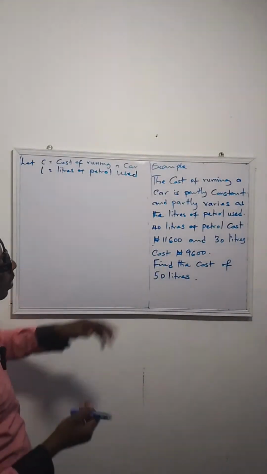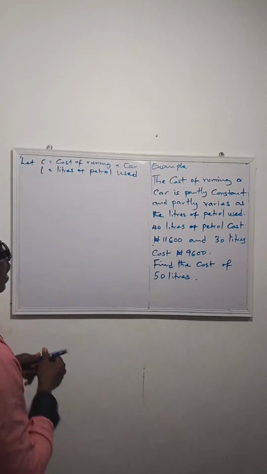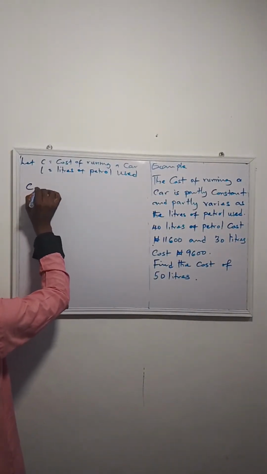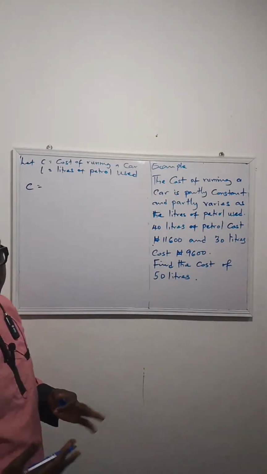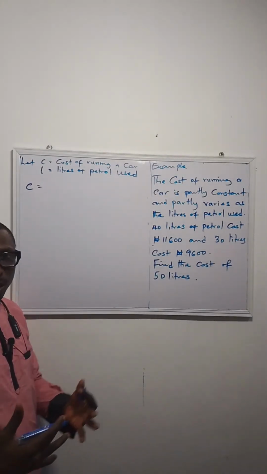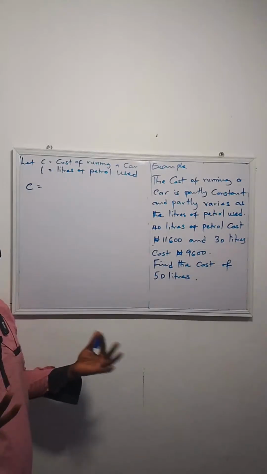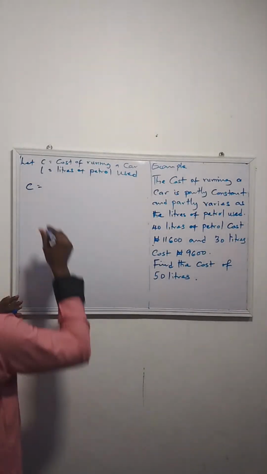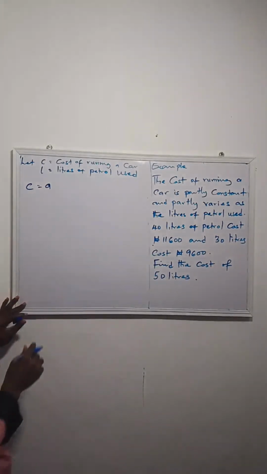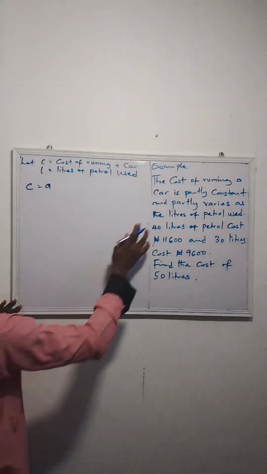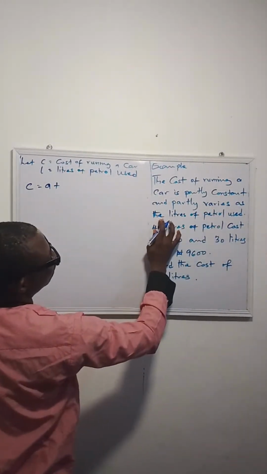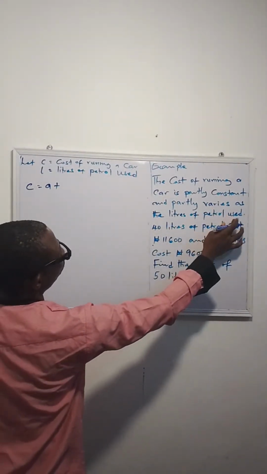Okay, so now let's look at it. The cost of running a car is partly constant. Cost C is partly constant. That means it's equal to a constant. So we can just assume that the constant is A. So let's say equals A, and partly varies with the liters of petrol used.